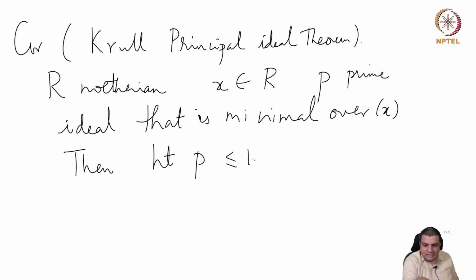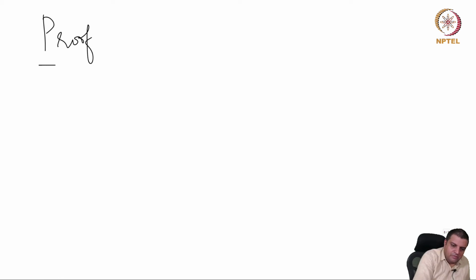This is not a very simple observation. In fact, it is false for non-Noetherian rings, so one has to use something about Noetherian rings in the proof. After we have done that theorem, this proof is very straightforward.